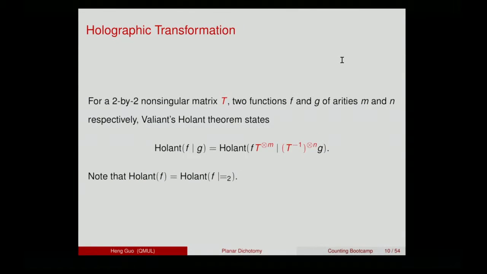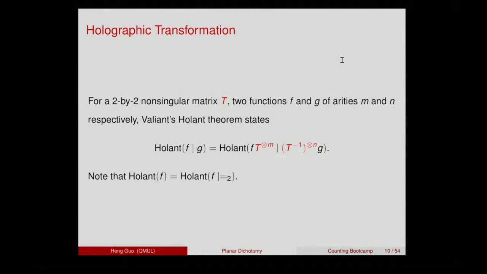Okay, let's briefly review what a holographic transformation is. We use this notation Holant(F | G) to denote the case where the input is a bipartite graph, and on one side is F, and on the other side we get G. We need to consider bipartite graphs because when we want to apply a transformation, we apply T on one side and T inverse on the other side.